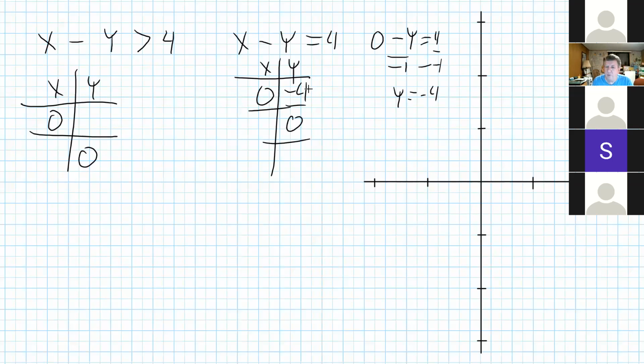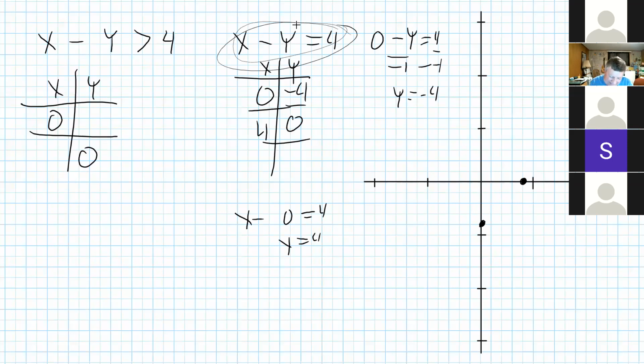So 0, negative 4 is a point on the equation. Let's see, 0, negative 4, that's right there. If y is 0, I get what? X minus 0 equals 4, so x equals 4. So I've got 4, 0. So I've got those 2 points that are points on this line.